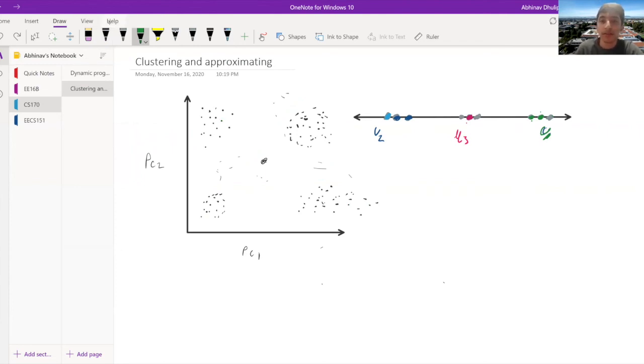So with that being said, let's say for this graph here, let's say we only want 4 clusters. So we've got our 4 points here, somewhere here, somewhere here. And remember, these points have to be in the set X, where X is all of our points.